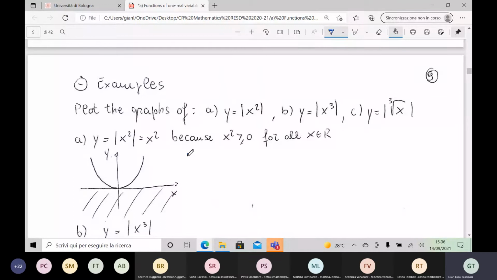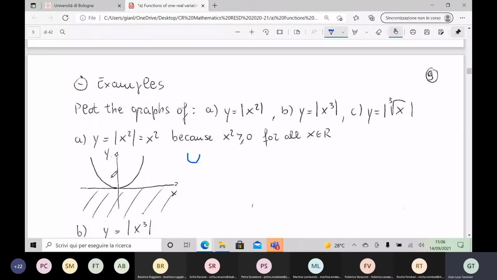Which are the points of intersection of the parabola with the horizontal axis? Does it make sense to search them? Well, yes. Which is the equation of the horizontal axis, guys? Y equal to 0. So this means put x squared equal to y, therefore to 0. And what you get? X squared equal to 0 implies x equal to 0.